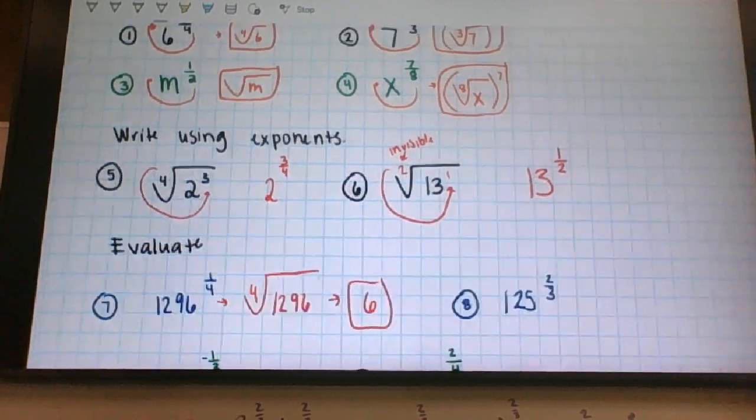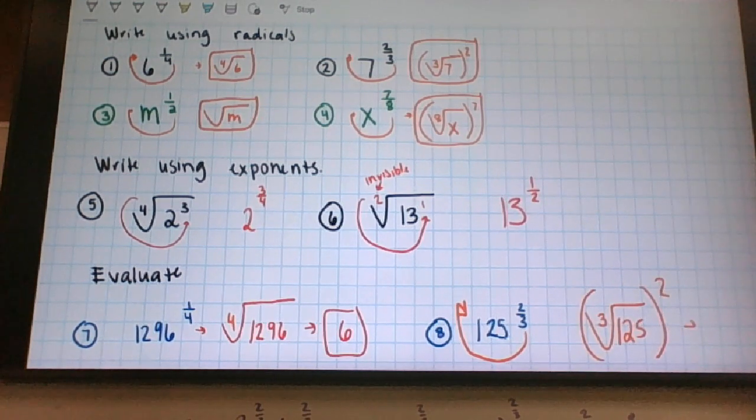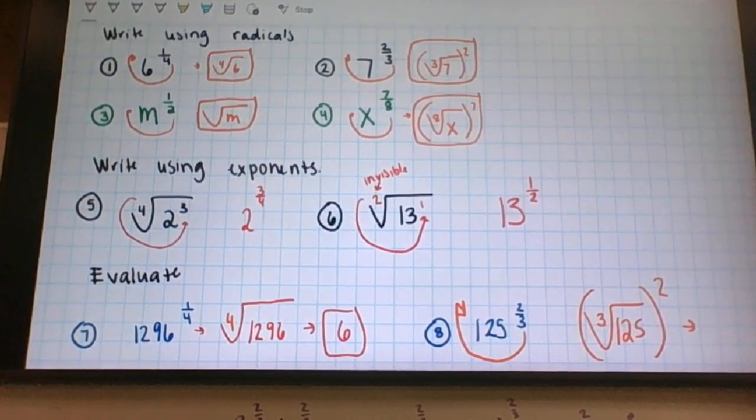Oh wait, before you go, Karen, do you know how to rewrite this one as a radical? Number 8, like this. Could you tell me what the cube root of 125 is? So now we're gonna make my list of threes.